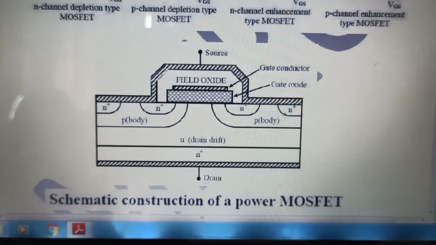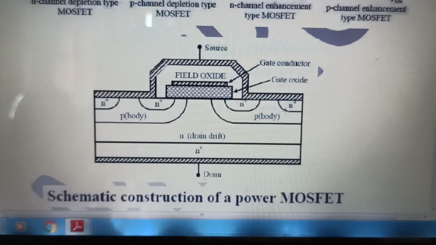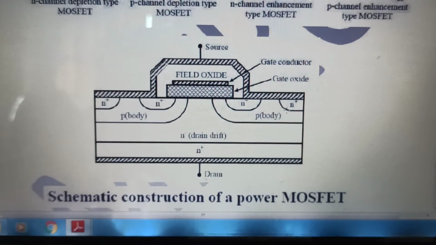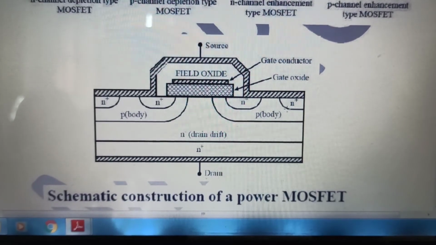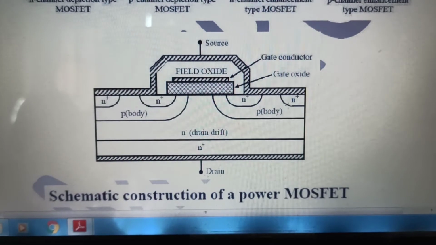Here in the N plus region, the concentration of free electrons will be of the order of 10 to the power 19 electrons per centimeter cube.